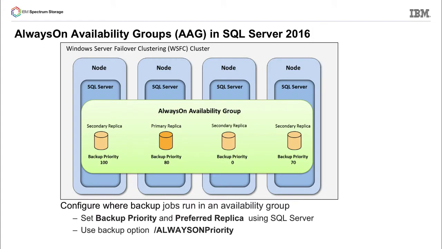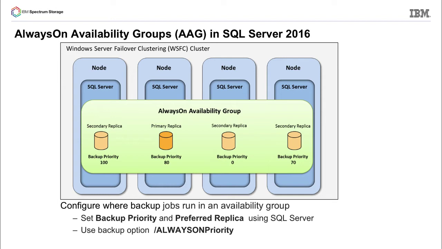Now just a quick review. With an always-on availability group you have a primary replica of the database, and you can also have secondary replicas of the database. Associated with those replicas are backup priorities that you can assign in SQL Server.